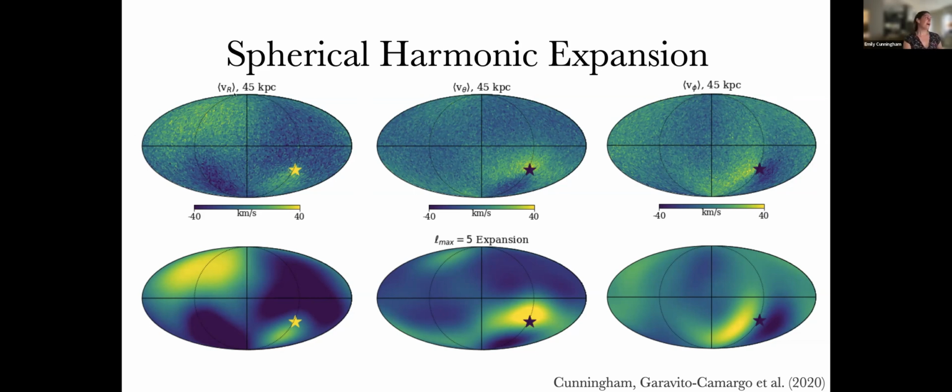And we also have stars that are moving net outwardly in the north as a result of this modal response of the halo. That's captured by the M equals 2 mode here in the low order spherical harmonic expansion, where we have this radial velocity net outward motion on both sides of the galaxy.